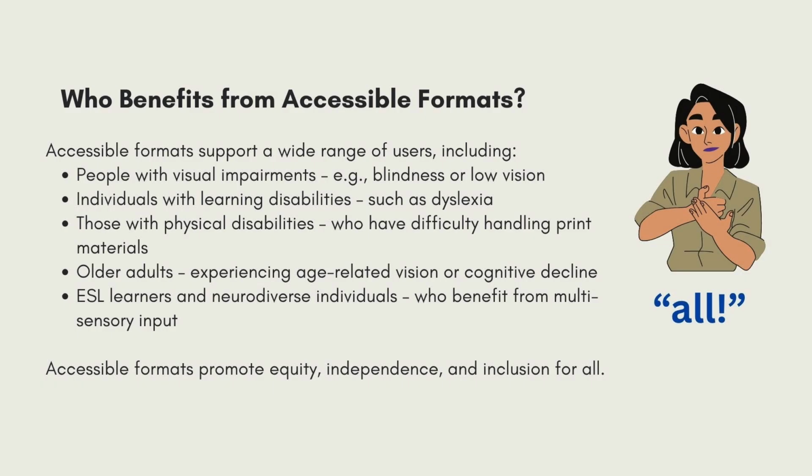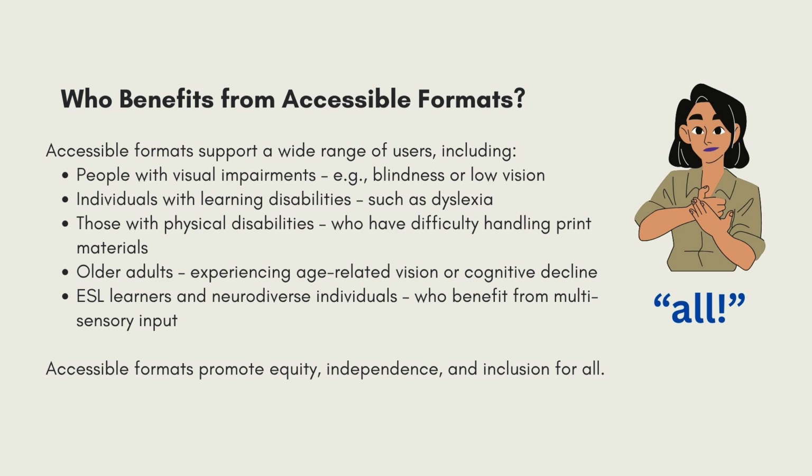Now, we kind of touched on who benefits from accessible formats, but again, accessible formats support a wide range of users, including people with visual impairments. So, this may include blindness or low vision or a different variety of visual impairments.